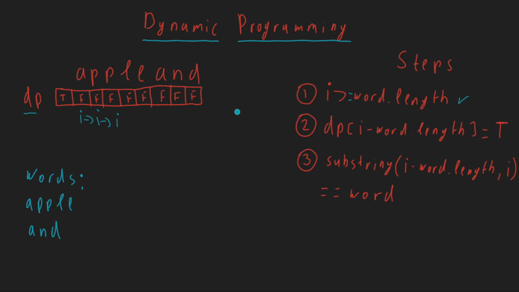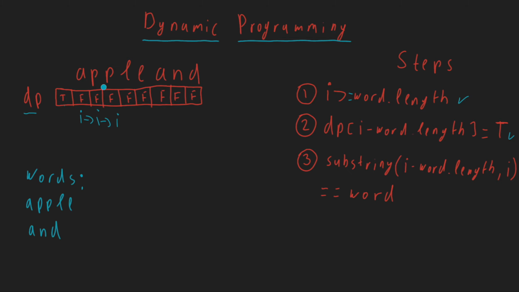So in our case, i minus word length equals this value, which by default we set to true, so we pass to our last check.